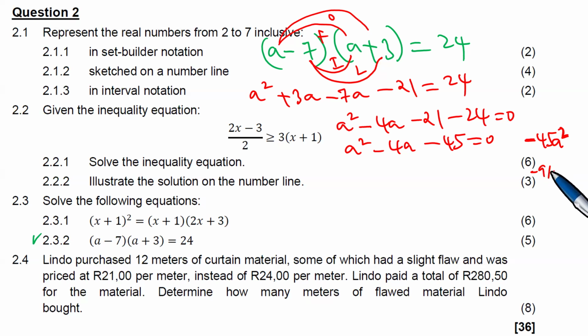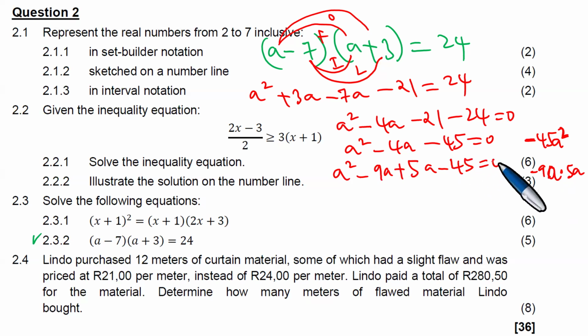We know that we have minus 9a and 5a. Then if you add them up, you have a squared minus 9a plus 5a minus 45 equals 0, because minus 9a plus 5a is minus 4a.